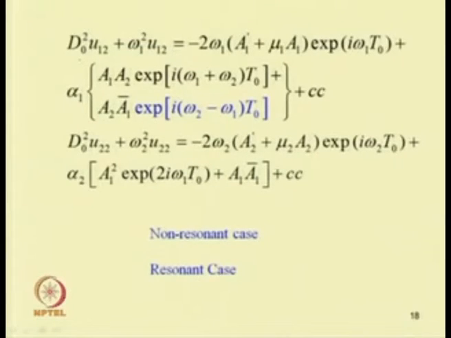So, d 0 square u 1 2 plus omega 1 square u 1 2 equal to minus 2 omega 1 a 1 dash plus mu 1 a 1 e to the power I omega 1 t 0 plus alpha 1 into a 1 a 2 e to the power I omega 1 plus omega 2 t 0 plus a 2 a 1 bar e to the power I omega 2 minus omega 1 t 0 plus its complex conjugate, and the second equation reduces to d 0 square u 2 2 plus omega 2 square u 2 2 equal to minus 2 omega 2 a 2 dash plus mu 2 a 2 e to the power I omega 2 t 0 plus alpha 2 into a 1 square e to the power 2 I omega 1 t 0 plus a 1 bar plus its complex conjugate.